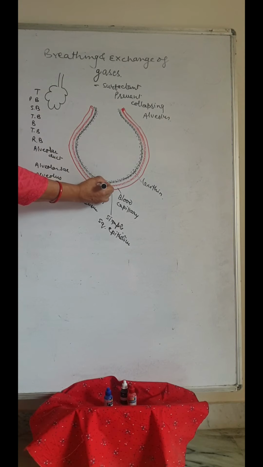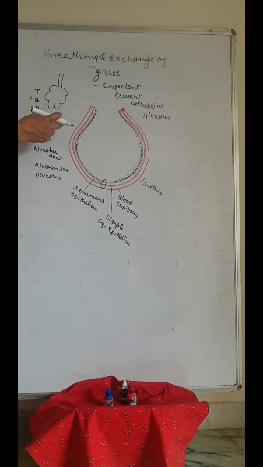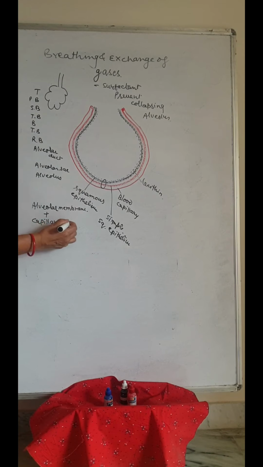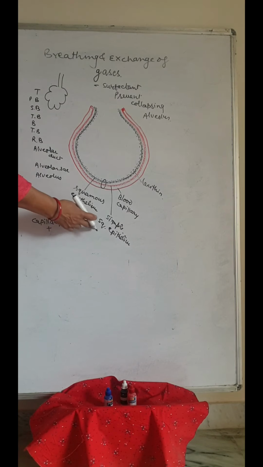These membranes include, number one, the alveolar membrane, plus the capillary wall, plus, as we know, the epithelial cells.